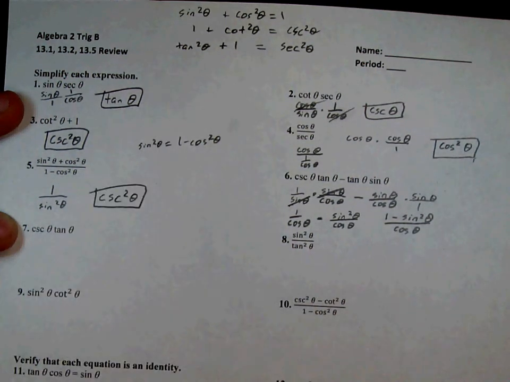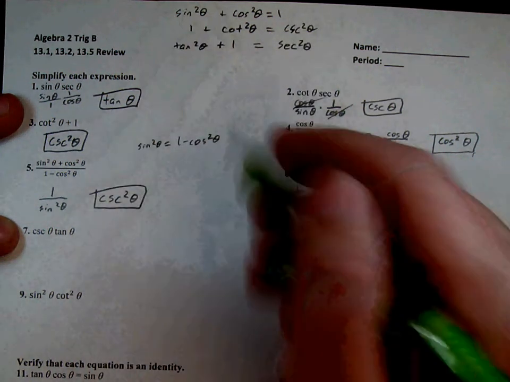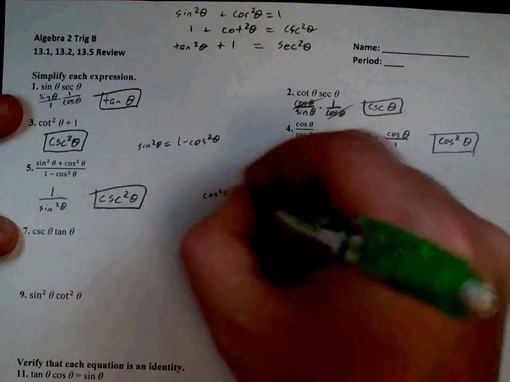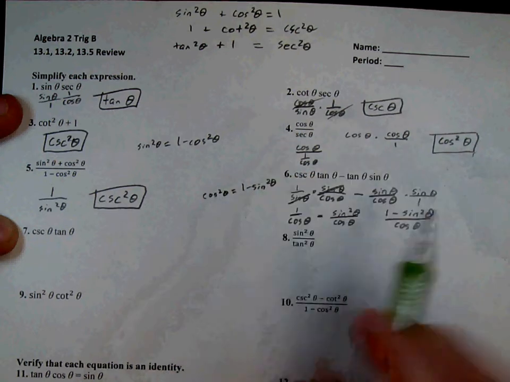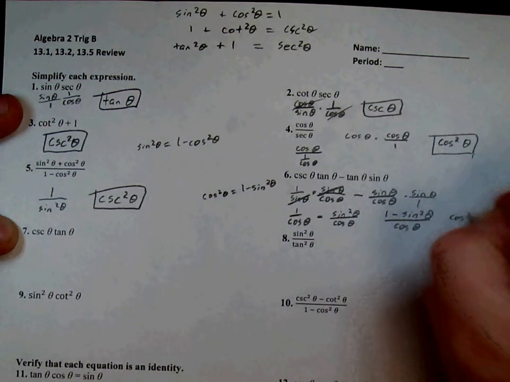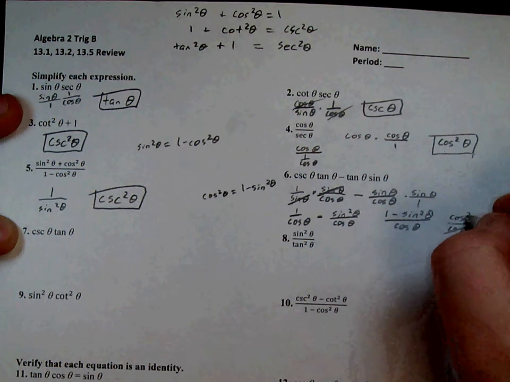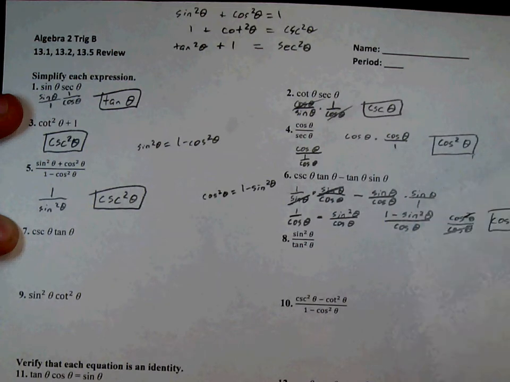If we went back up to that original Pythagorean identity and wrote 1 minus sine squared, we have to subtract sine squared from both sides. We're going to end up with cosine squared equals 1 minus sine squared. So now I know I can replace 1 minus sine squared with cosine squared. So I'm going to have cosine squared of theta over cosine of theta. We can cancel out one cosine from top and bottom, leaving us with just cosine of theta.